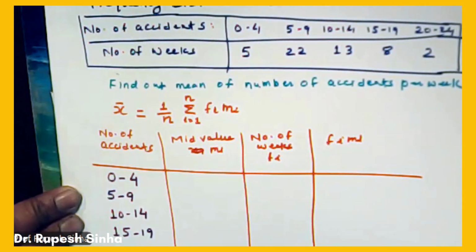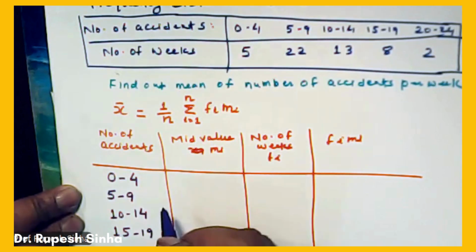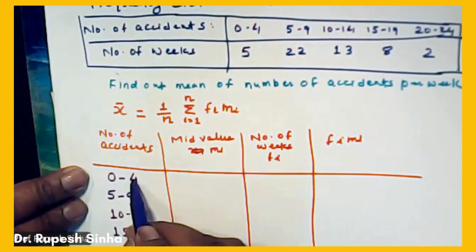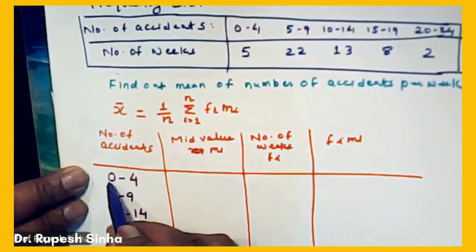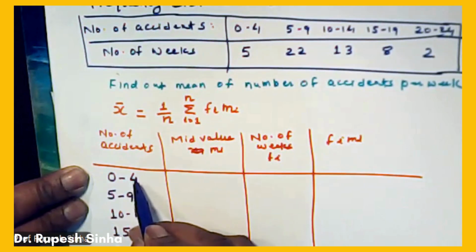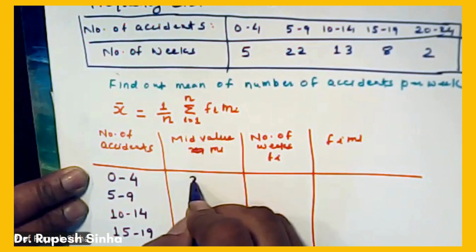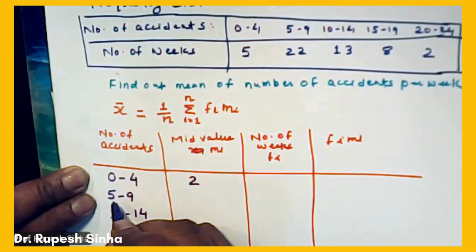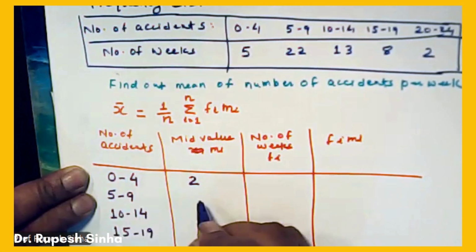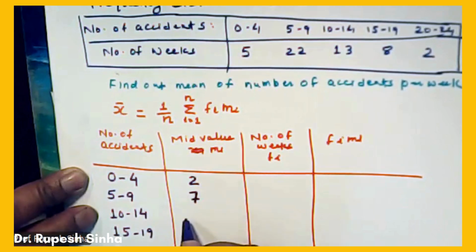Now we have to find mid value for all of these. In order to find mid value, we need to add lower range and upper range of the class and divide it by 2. So 0 plus 4 by 2 is going to be 2. 9 plus 5, 14. 14 by 2 is going to be 7. This is going to be 12.